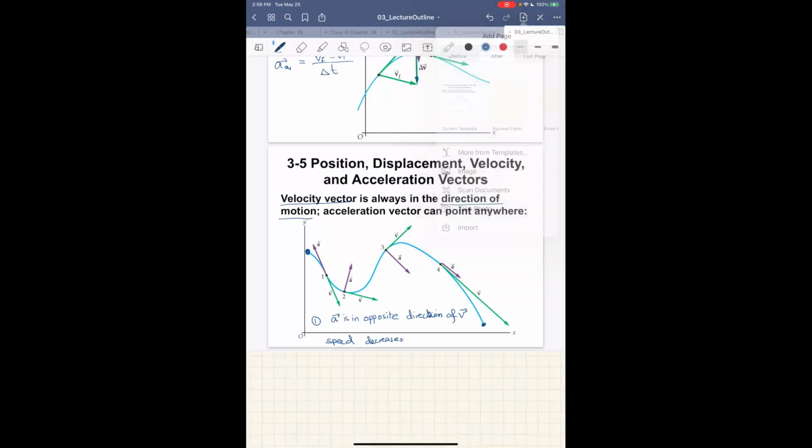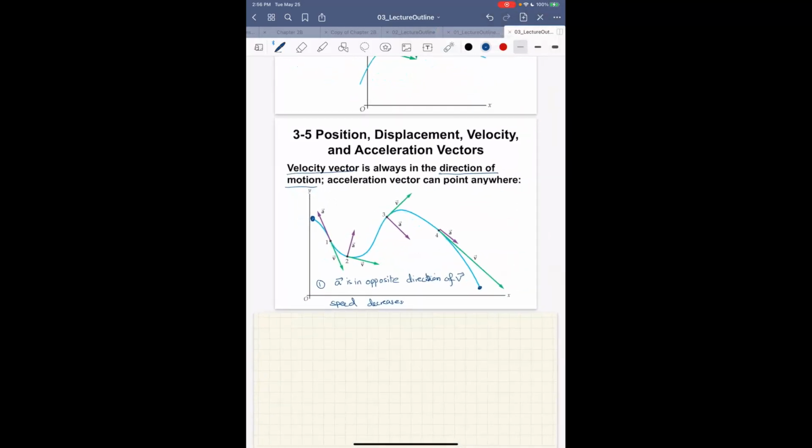And then at point 2, the velocity is perpendicular to A, and this one is centripetal acceleration.